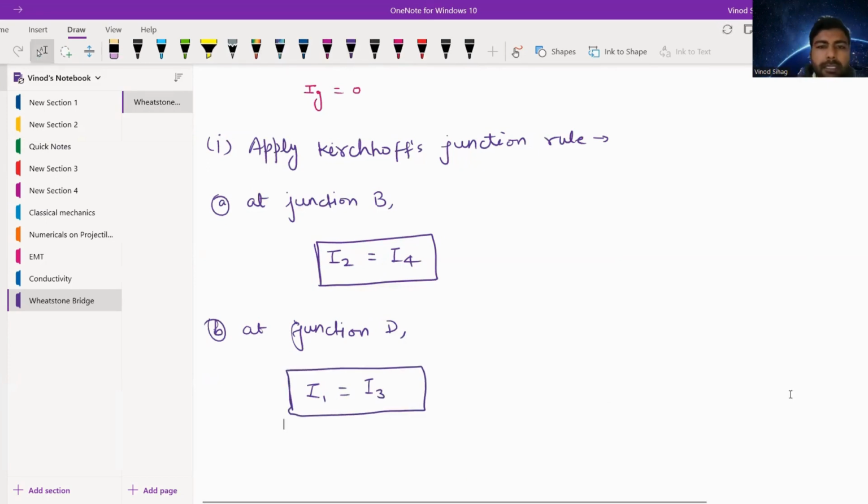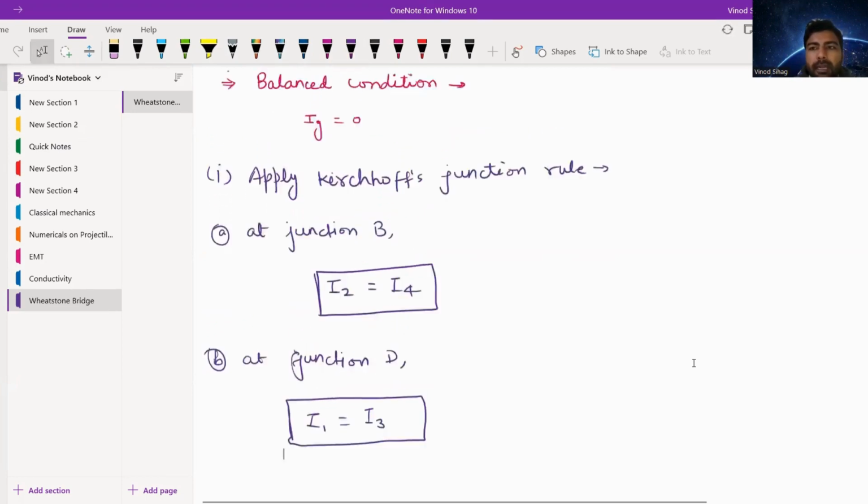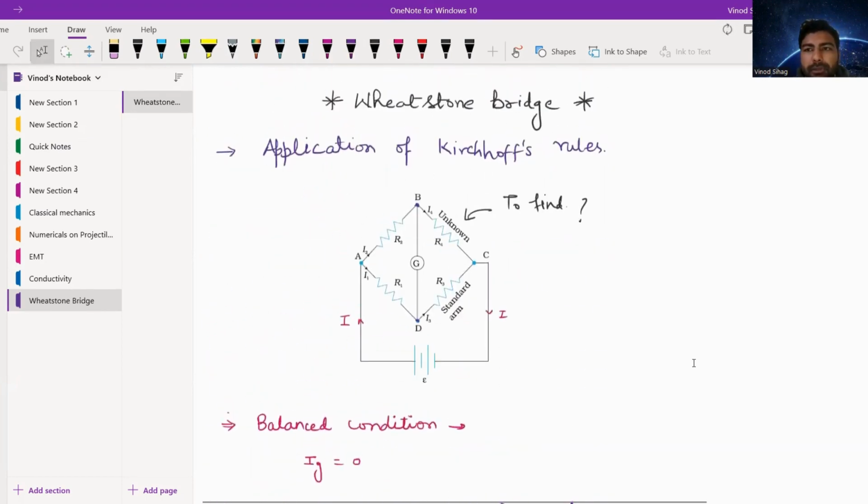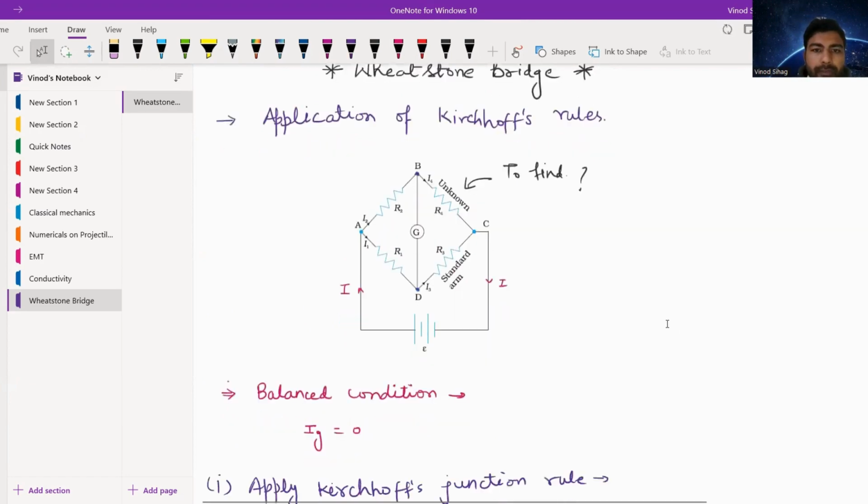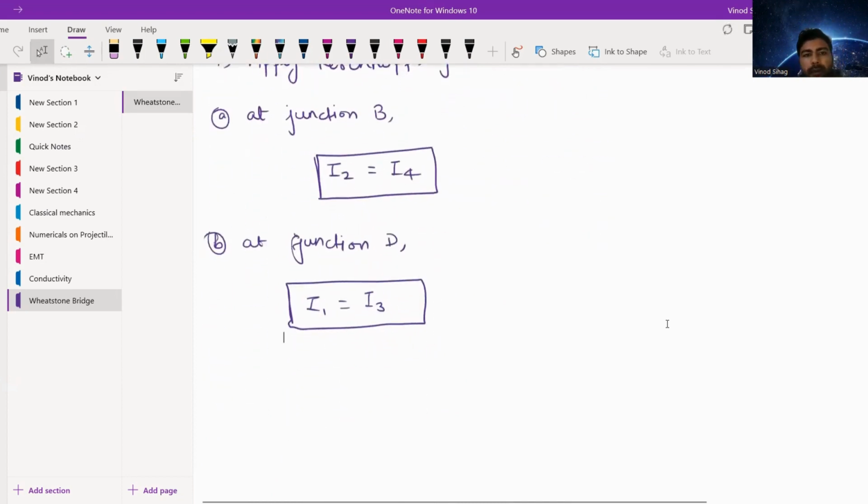So I1 equals I3, we can write here. Now we will apply Kirchhoff's voltage rule, or we can say Kirchhoff's loop rule.